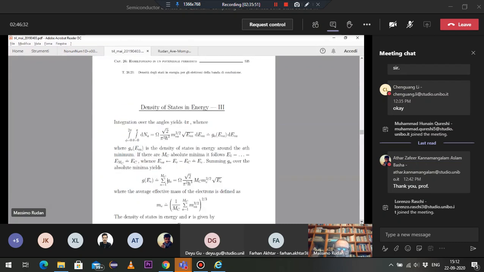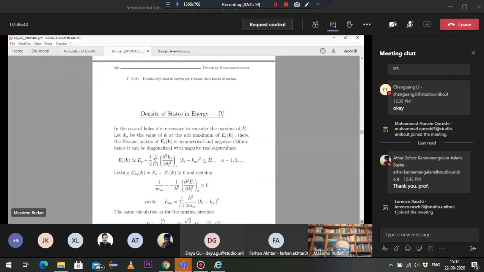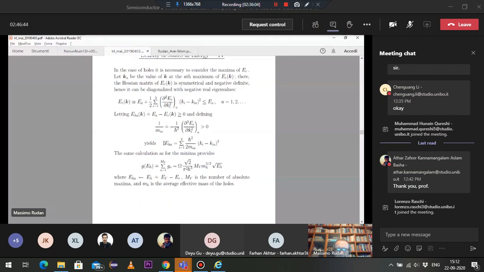It is interesting to note that if we consider these expressions, this is for gallium arsenide, okay? And you fix the energy, this is the equation of a sphere, okay?